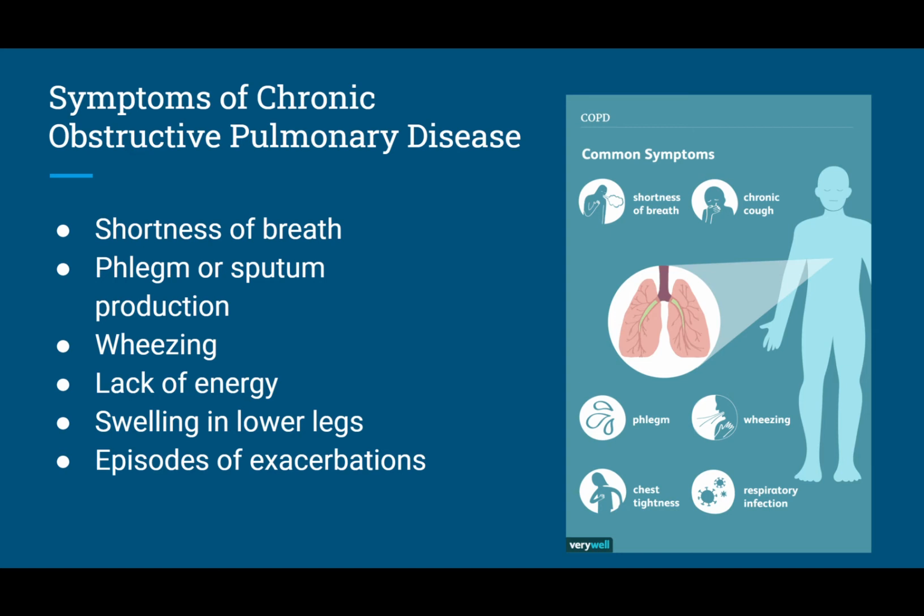There is also phlegm and sputum production. That's the irritant, but due to the inflammation, it produces wheezing, which is that sound when someone's trying to breathe. It has that constant sound in the back.